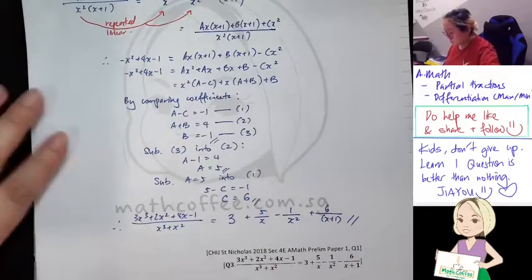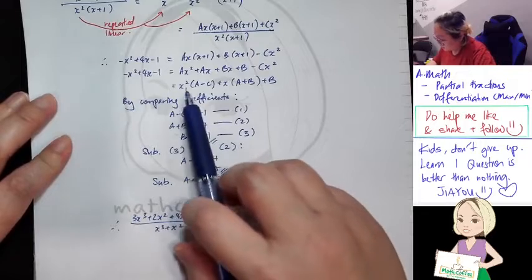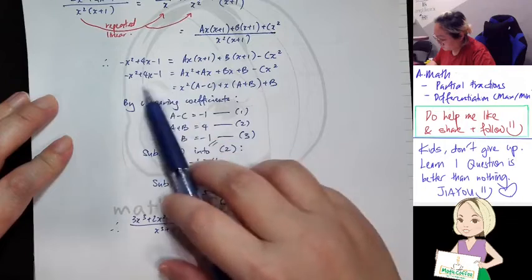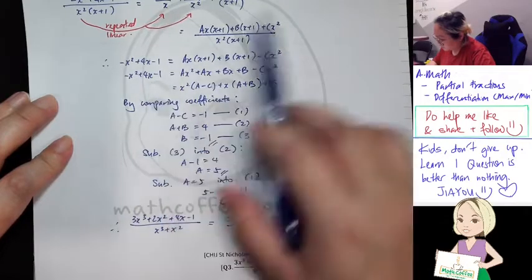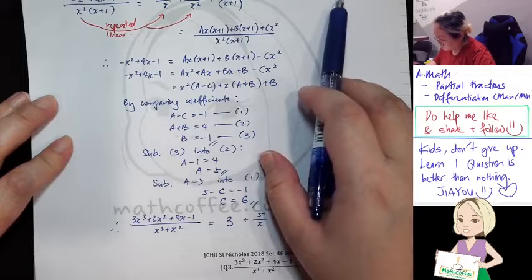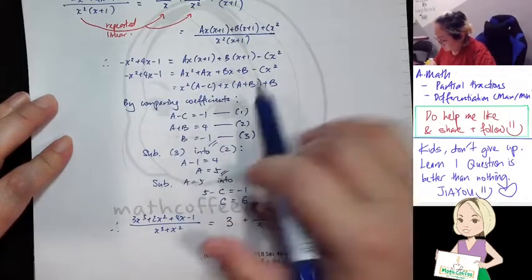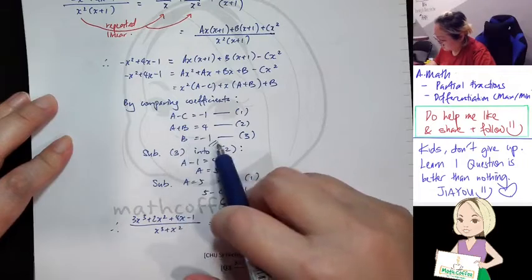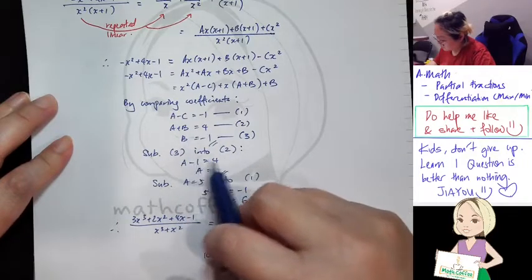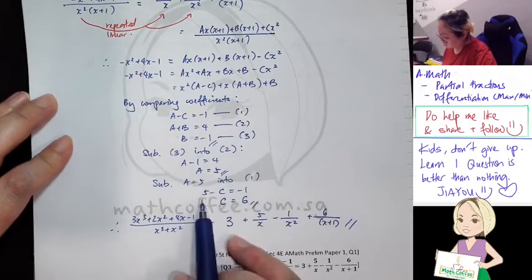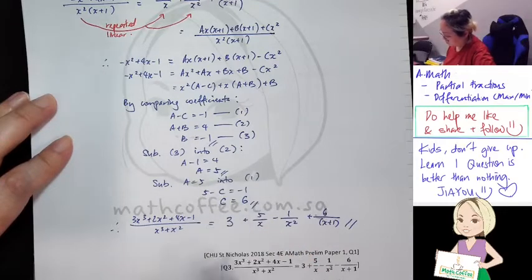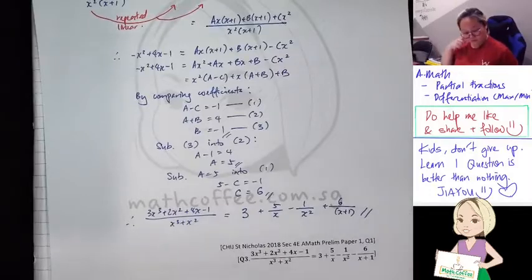Let me see where's my error. I should get -6.